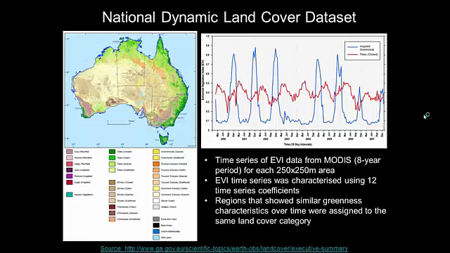And then a clustering approach again was applied to these 12 coefficients to define homogeneous regions with similar greenness dynamics over time. Regions that show similar greenness characteristics over time were assigned to the same land cover category.